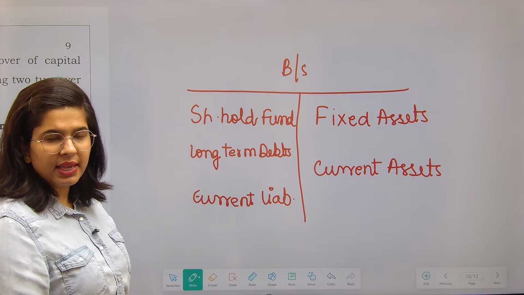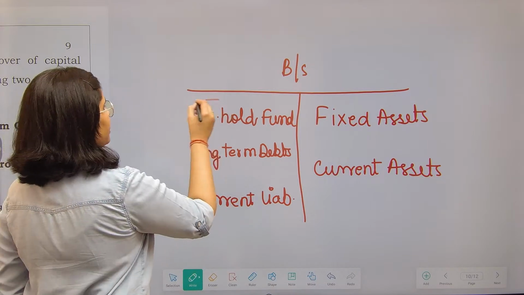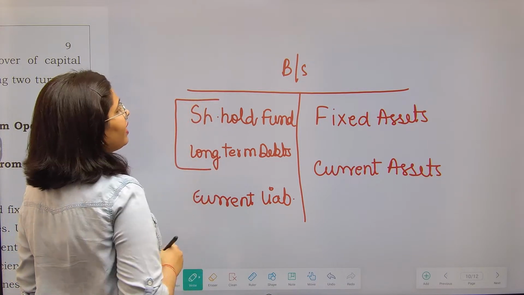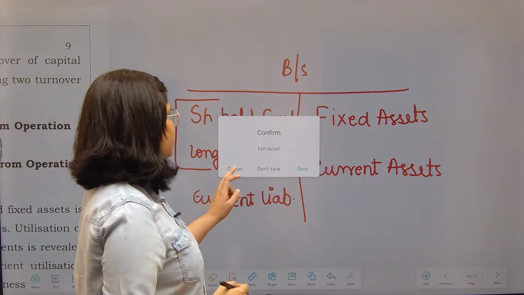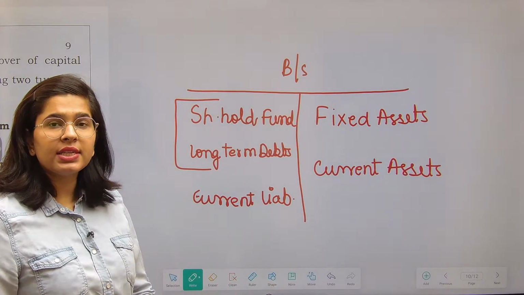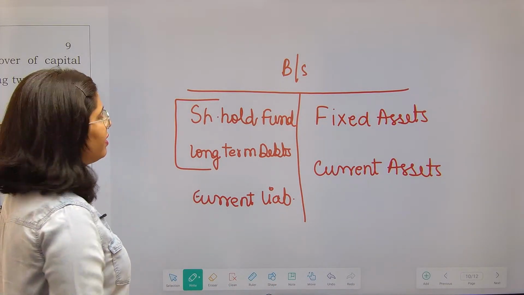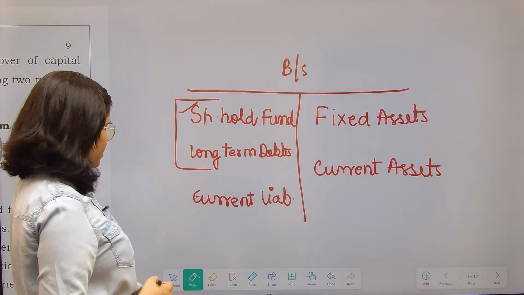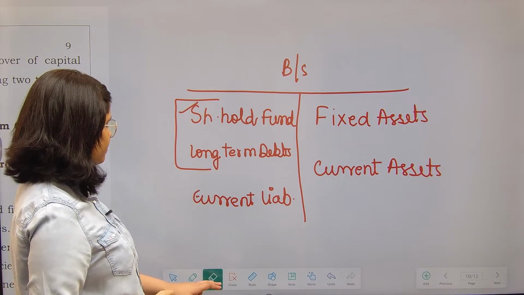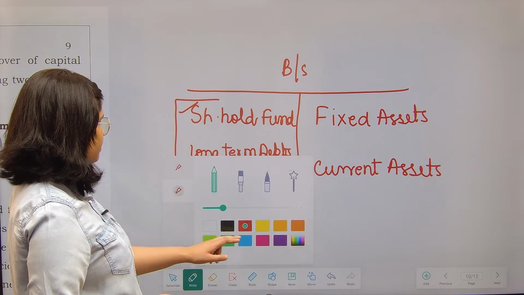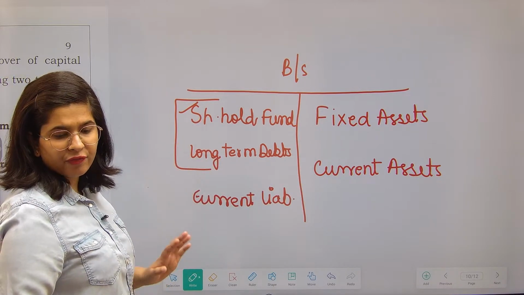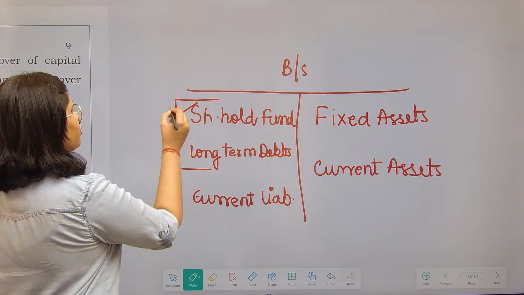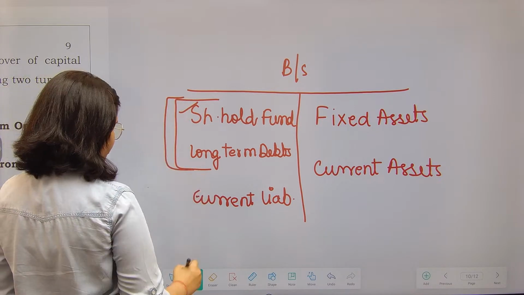Now, whenever I say capital employed, I am saying this. If I have to say just shareholders' fund, I will just use this, correct? But if I have to say the capital employed, I will include both of them.